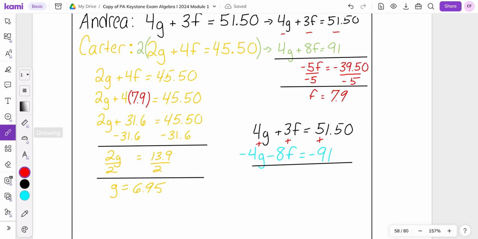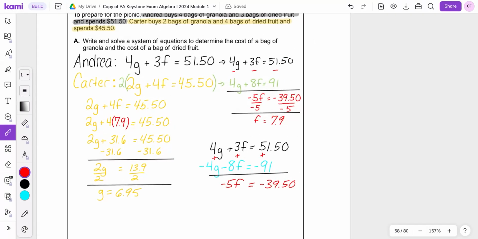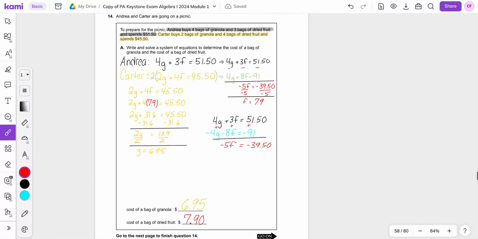We would have still had the negative 5f equaled the negative 39.50. So it depends if you want to solve it using the addition elimination or subtraction elimination. Just make sure when you do that one of the variables are eliminated, or you may have made a mistake. So that is how we solve part A.